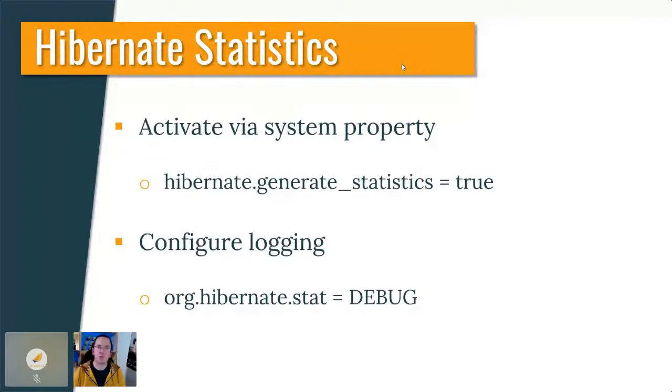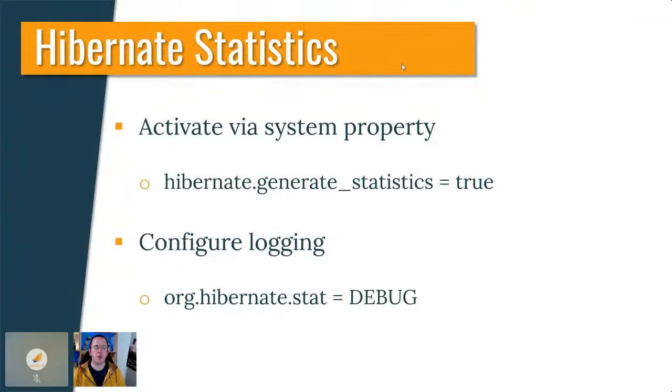It's great for development, but collecting all this information slows down your application, and you really don't want to do that in production. So better make sure that you set the system property Hibernate.generate_statistics on your development system, and then you're not at risk of shipping it to production.